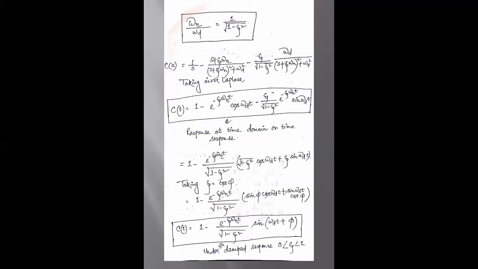This is called the damped natural frequency. From that equation, omega n by omega d equals 1 by root over (1 minus zeta square).